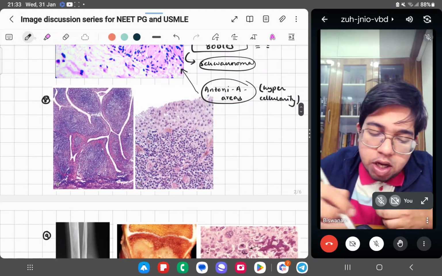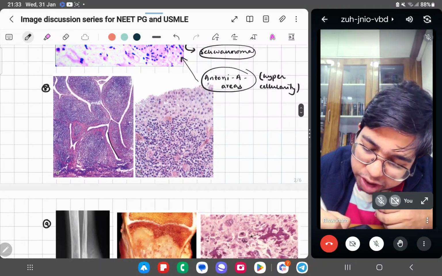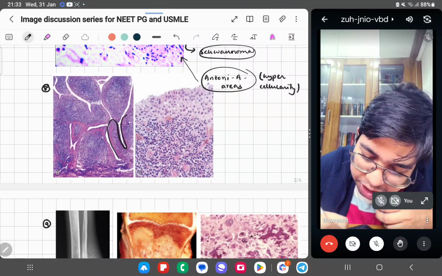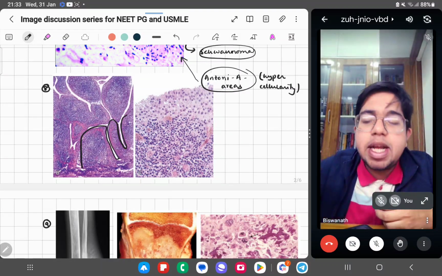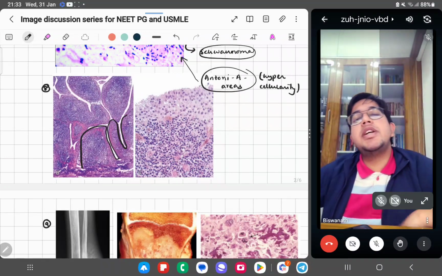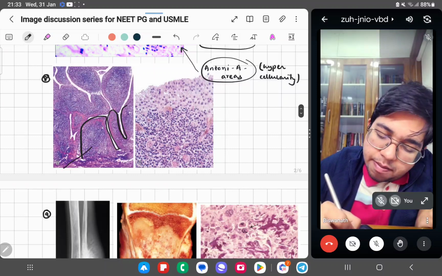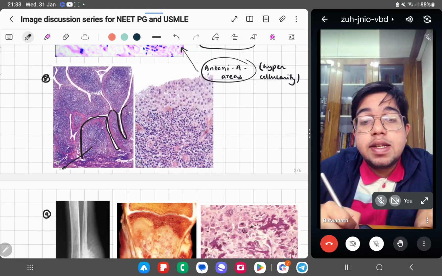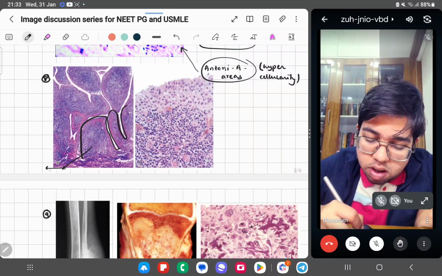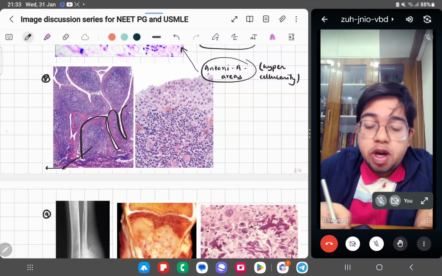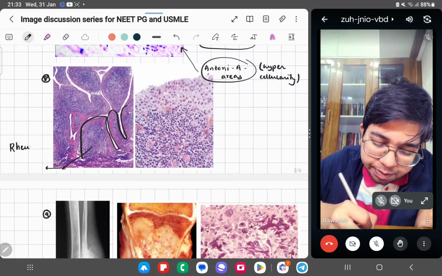Okay, so you can see here some papillary projections. These are your papillary projections. And these papillary projections are very characteristic of the disorder called rheumatoid arthritis. Okay, by this I can say this is a microscopy of your rheumatoid arthritis.